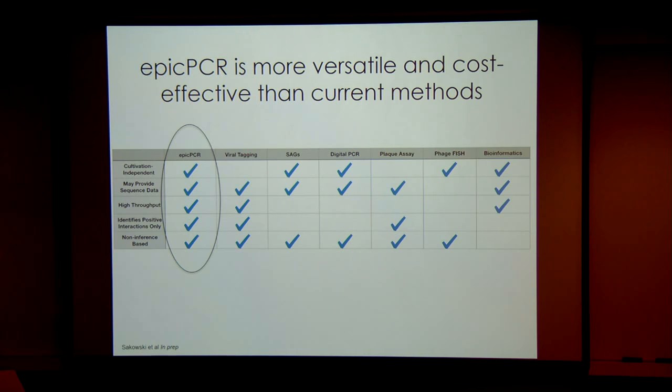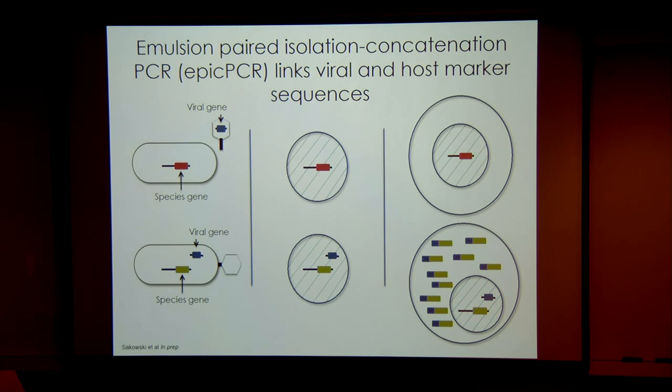And so this method, similar to the method that I had proposed previously for looking at the genes that organisms have, well, now we just target a viral gene and look at the species that co-occur with this virus. And so again, we're taking advantage of that physical association between the host genes and the viral genes and trapping them when we do the DNA extraction within a polyacrylamide bead so that the structure is maintained.